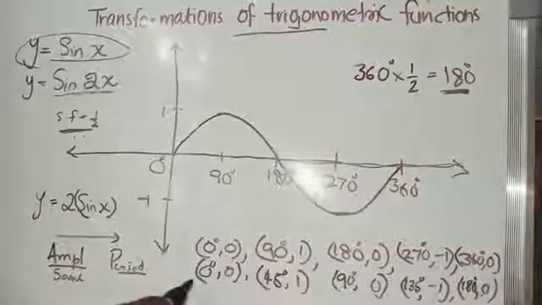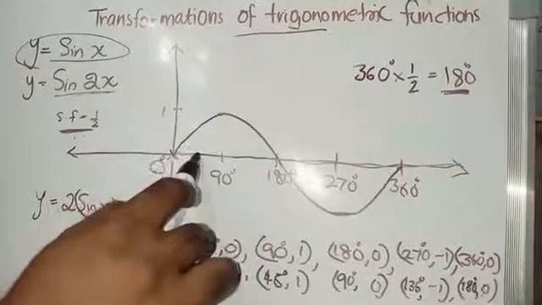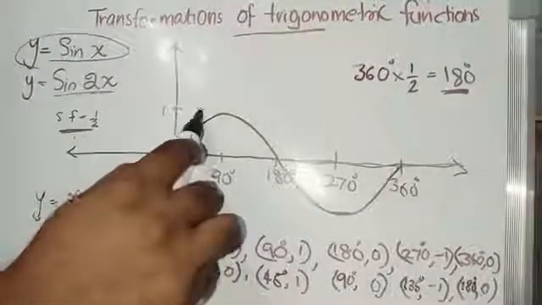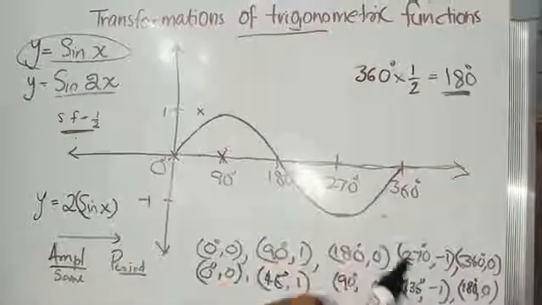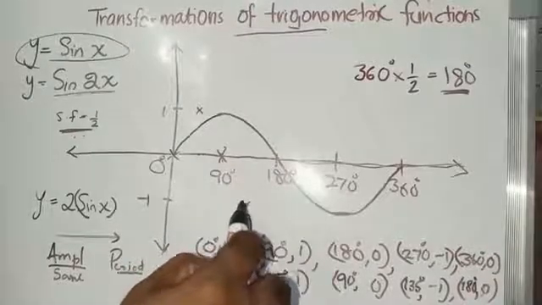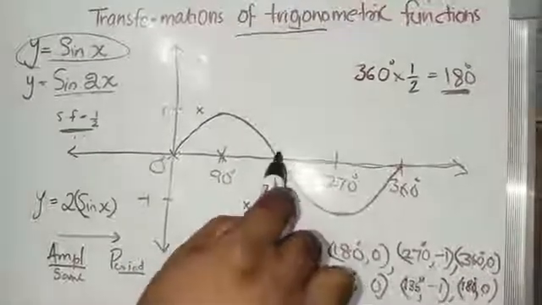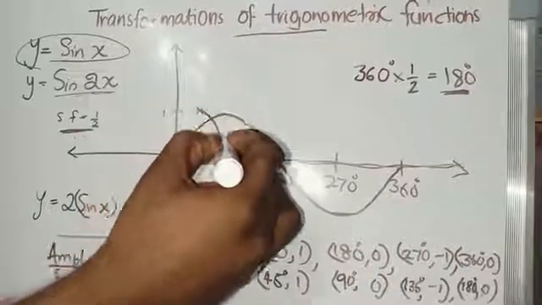That change happens to every first coordinate, every angle. So when you mark it: 0, 0; 45, 1, 45 comes here; 90, 0; 135, minus 1, 135 comes here; and 180, 0. So our graph changes to this position.